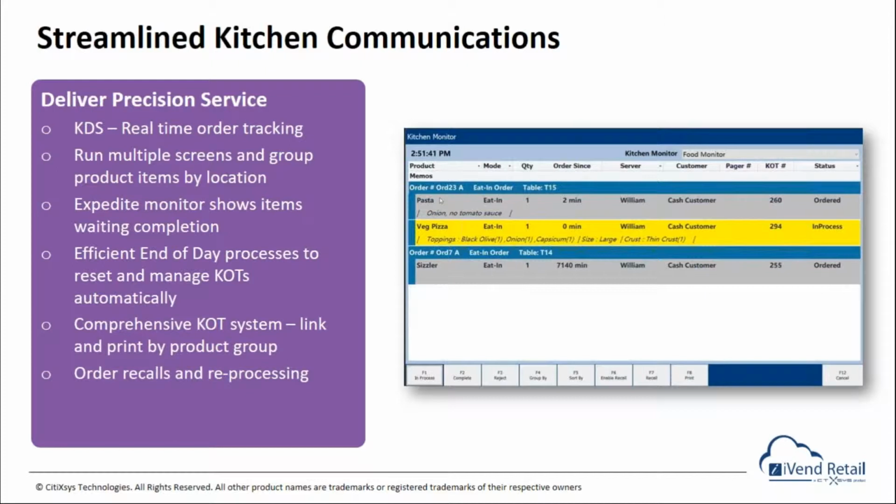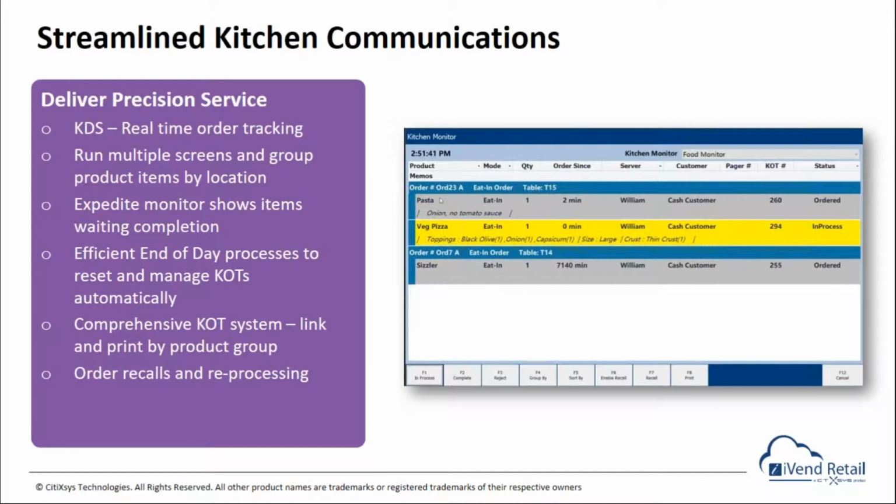So based on what table you are sitting on and what printer in the kitchen is mapped to that particular floor or kitchen, the KOT will be printed directly on the correct mapped printer, right? So this is how it is done.